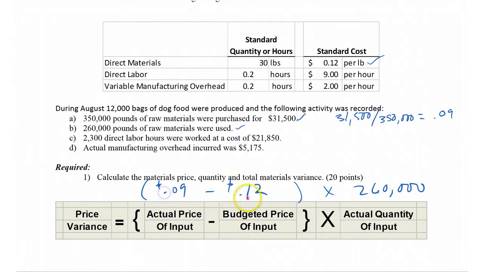Our standard was 12 cents. So you should be able to deduce that we're going to have a favorable variance here because we paid less, or our inputs cost us less than what we had budgeted. And that price variance is 7,800 favorable.